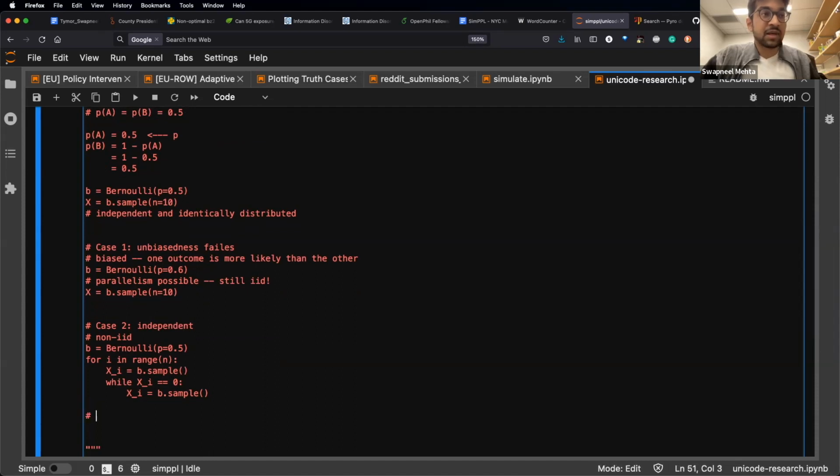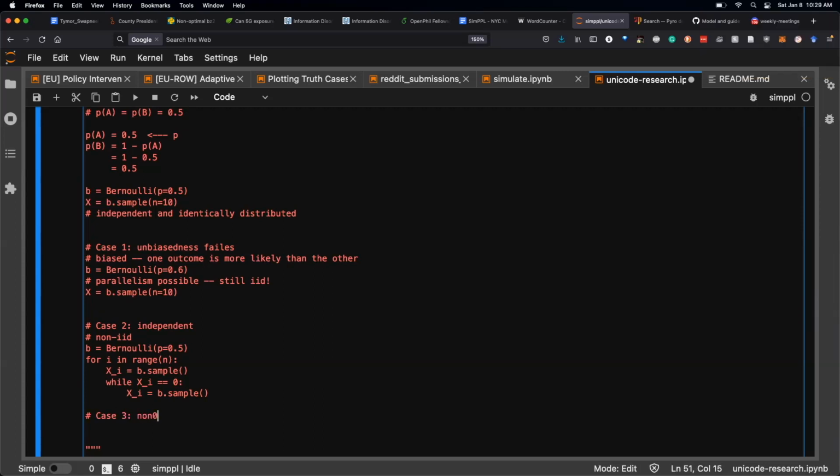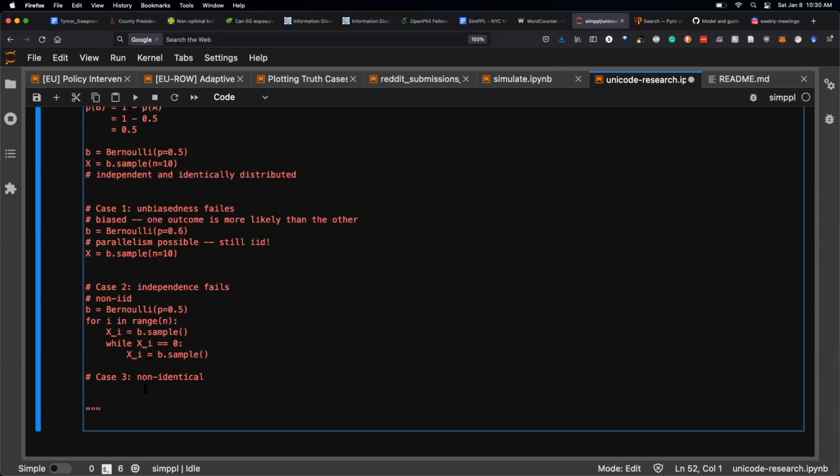Can someone give me a case for non-identically drawn data? So like if we change coins with different amounts of biasness. So like two different distributions, I'll take one half of the samples from the first coin and the other half from the second coin.